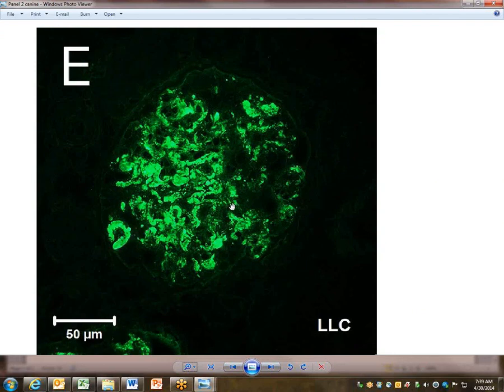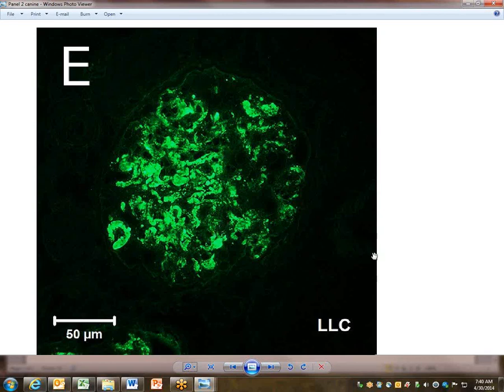There is a little bit of granularity out here, but this is highlighting mesangial zones, whereas a lot of the capillary loops out here are not staining. What we saw in the EM, being very mesangial based and going out to the neck of the capillary loop, is reflected in our immunofluorescence.